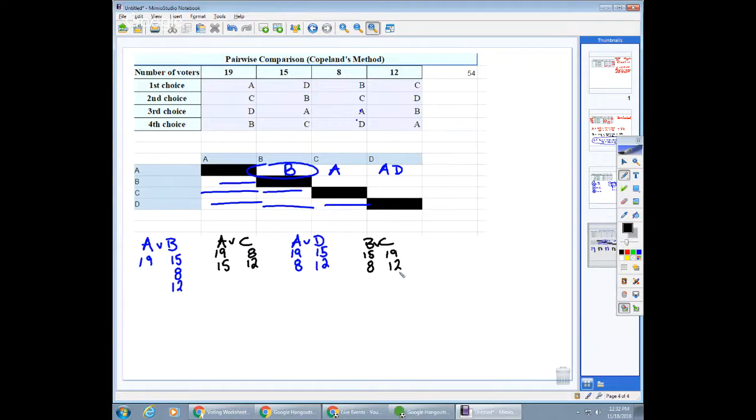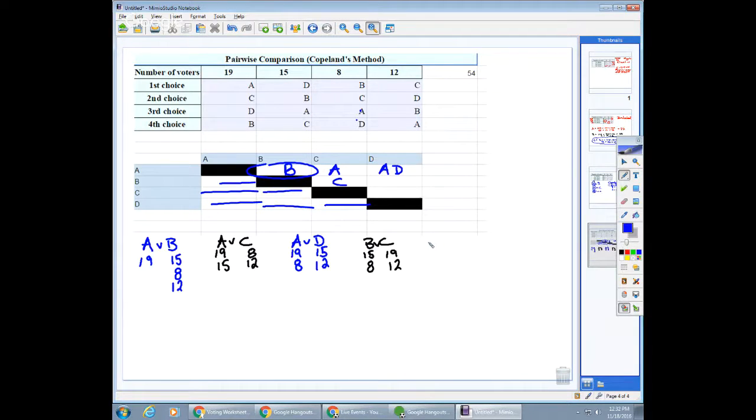C wins that one. We're adding up what they got each time. So 15 and 8 versus 19 and 12. Yeah, C wins. And then we move on. So we just keep doing this until we're done.